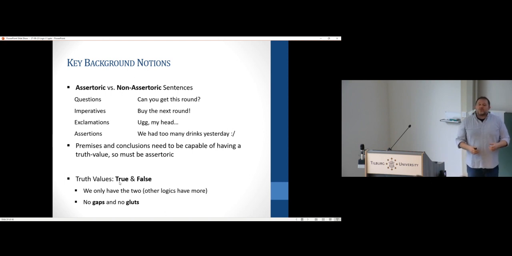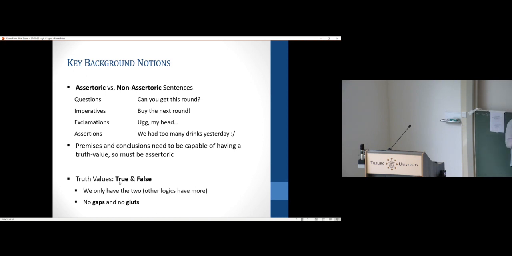Similarly, our third assumption is that there are no gluts, and that means that no sentence is both. So together, no gaps and no gluts tell us every assertoric sentence is either true or false, and no assertoric sentence is both true and false. It divides the world of assertoric sentences into all the ones that are true and all the ones that are false, and they're exclusive.